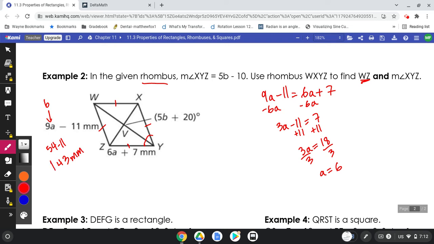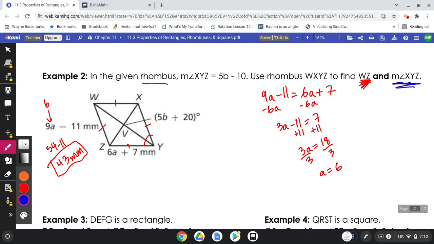And our label here, millimeters. So that is our answer for what WZ is. Okay, if you wanted to double check, 6 times 6 is 36 plus 7 is 43. That's the same, so that's good. We did it right. Okay, now I'm going to switch to blue to solve for the second one.